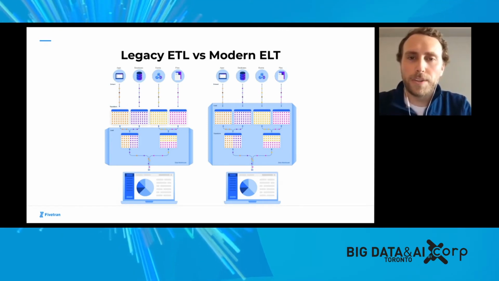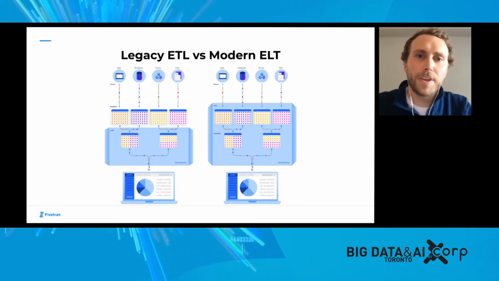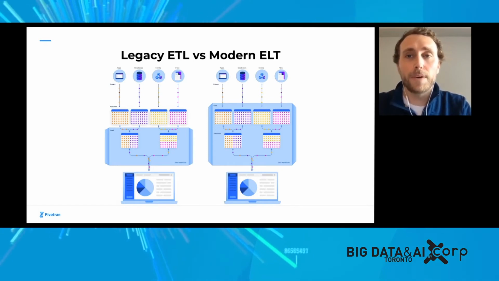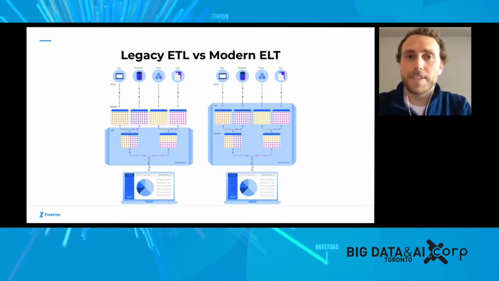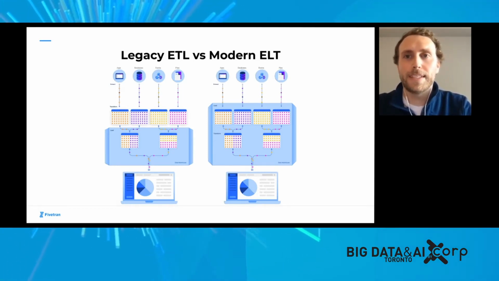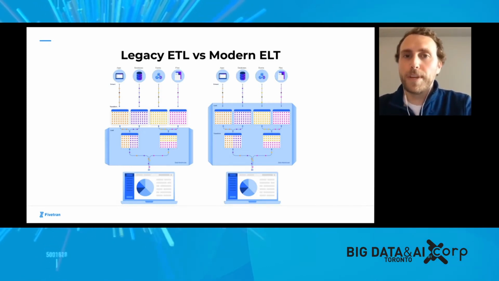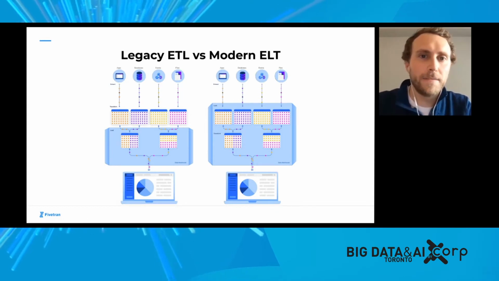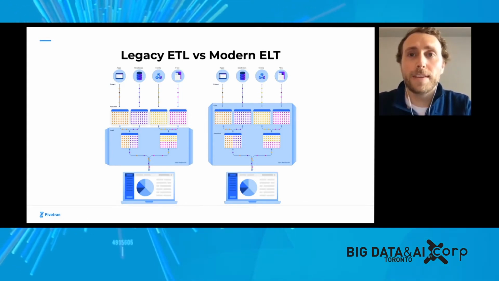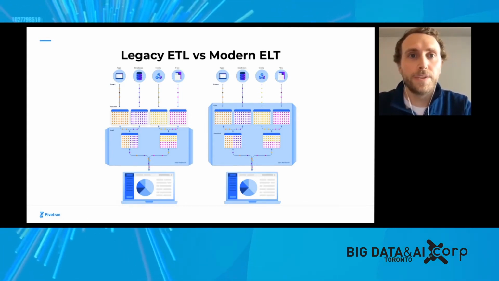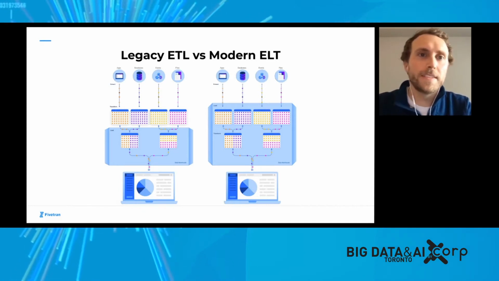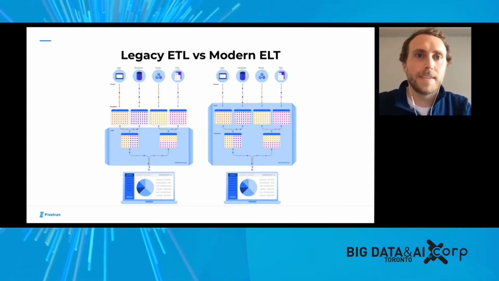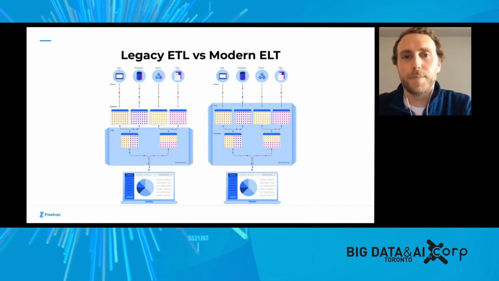You can load it all into your cloud data warehouse, and then you can transform and model that data within the warehouse and pass that modeled data down to your BI tools where it can be analyzed, creating visualizations for your end users. So it's the big shift here from that legacy ETL to the modern ELT.